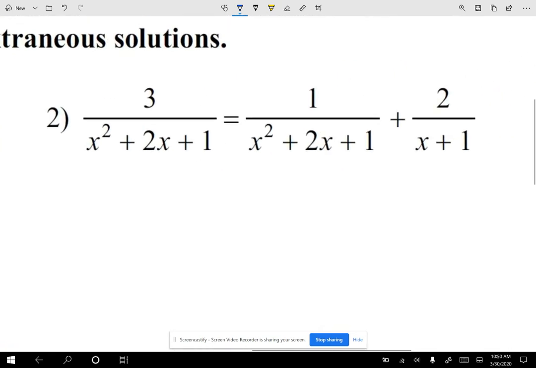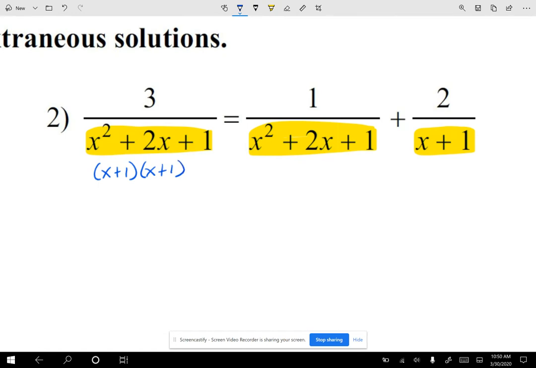Let's take a look at question number 2. My focus is on the least common denominator. When I factor this, I have x plus 1 twice. When I factor the second one, let me just write this as x plus 1 twice.